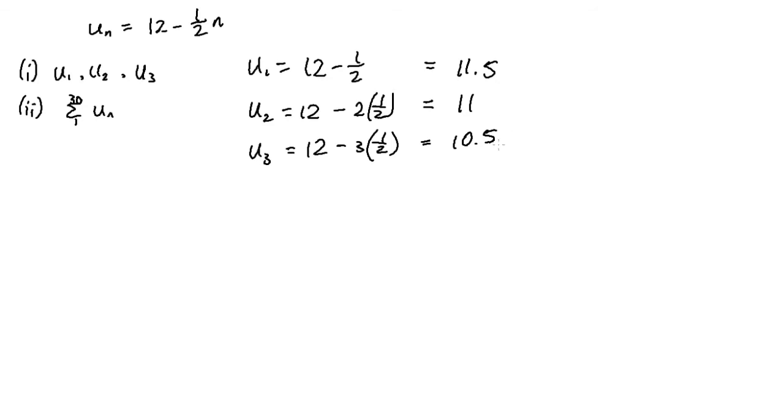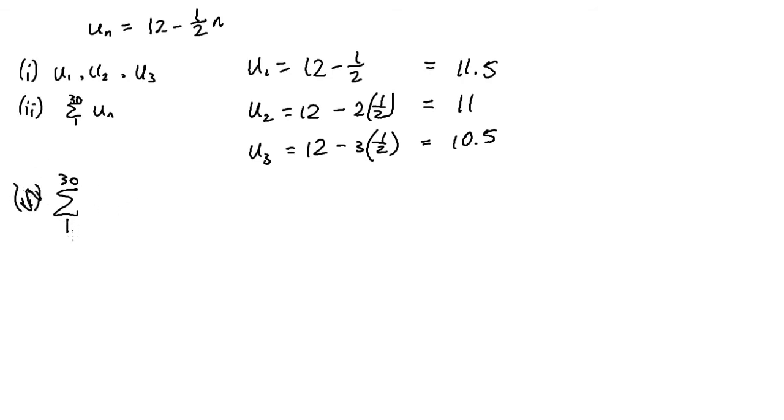And as you can see, for each n, it drops by a half. And so this is an arithmetic sequence. And so the sum of this whole thing will be just using the sequence sum equations. First of all, we have the sum to 30. This is part 2, by the way, and I've done that up there.